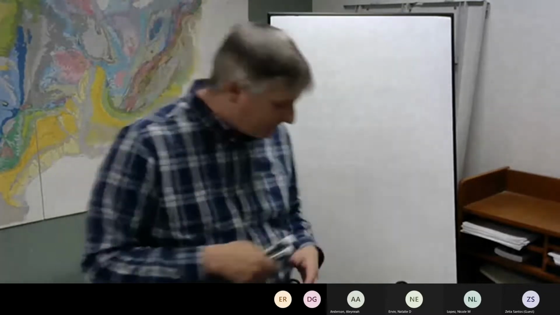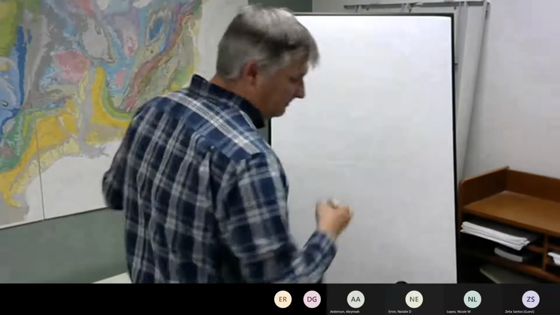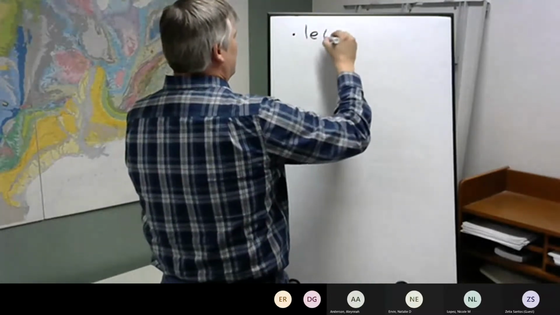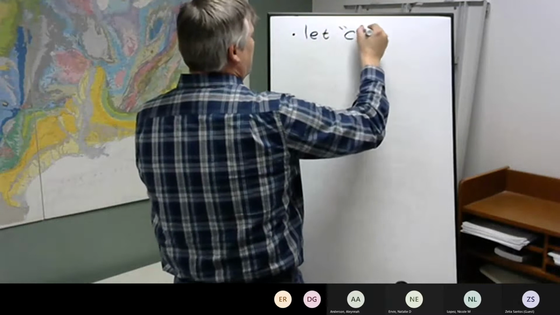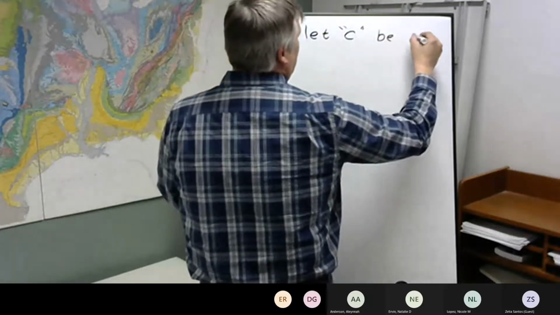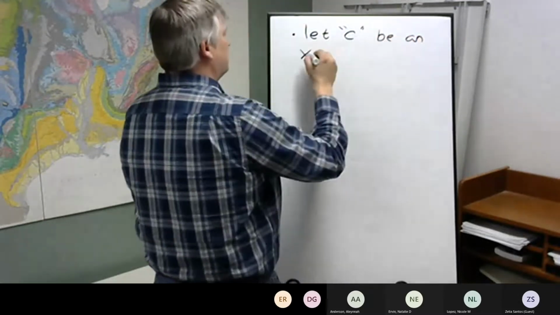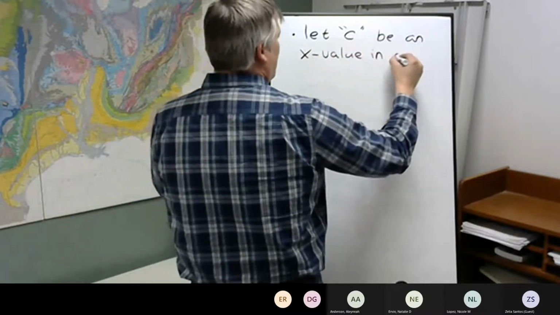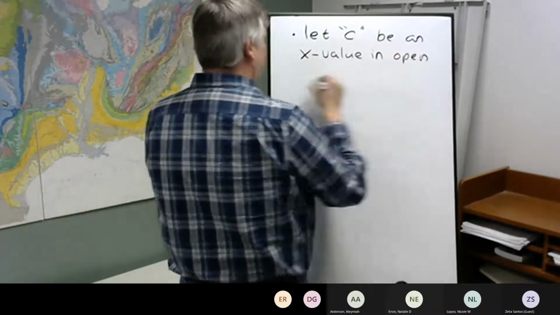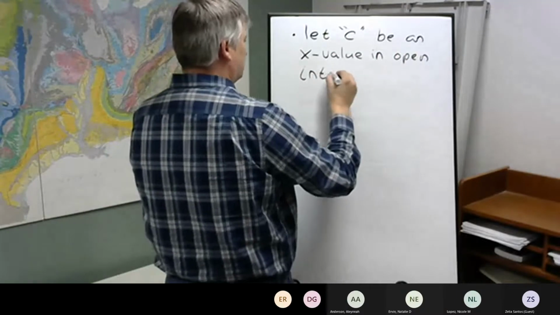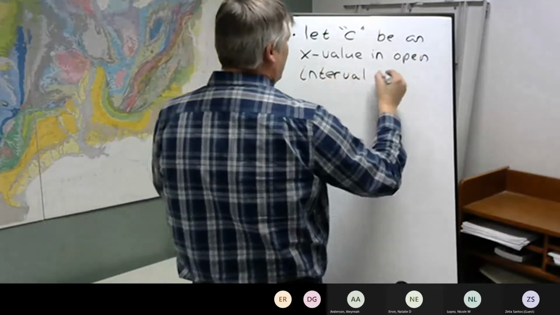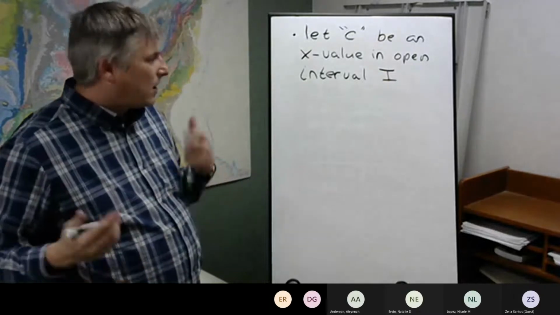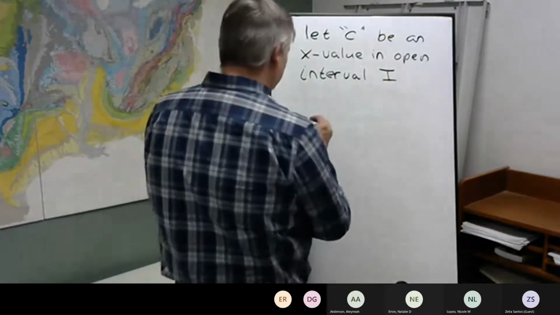Let's say we have an x value and an open interval I. So we're going to take a part of the x-axis here.